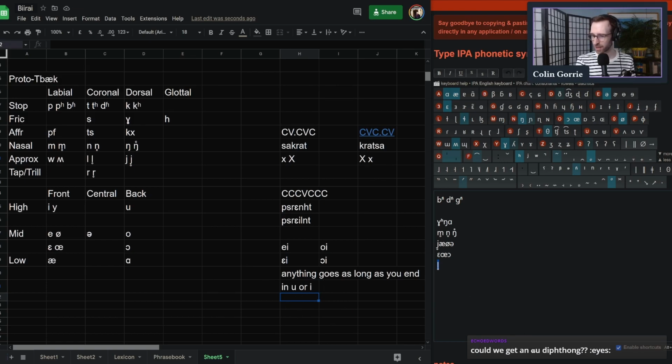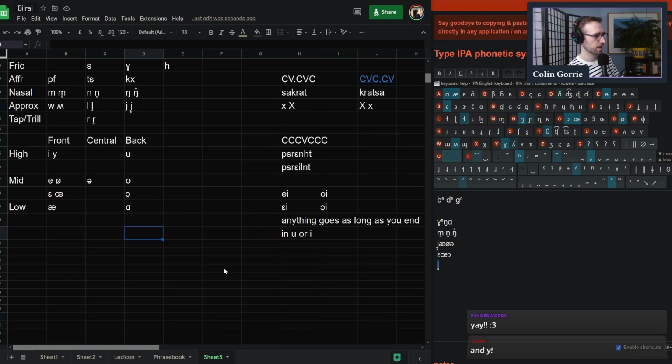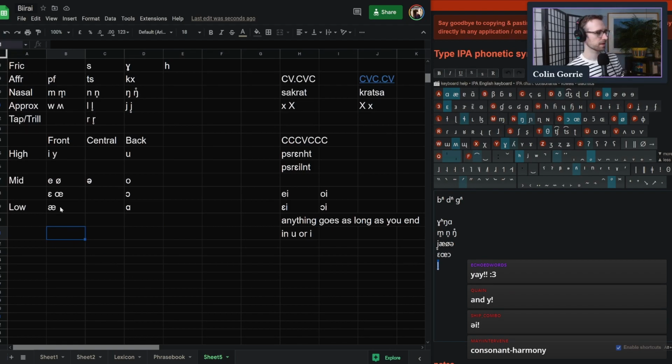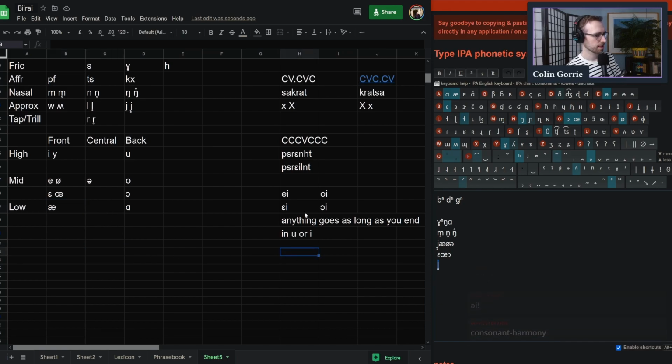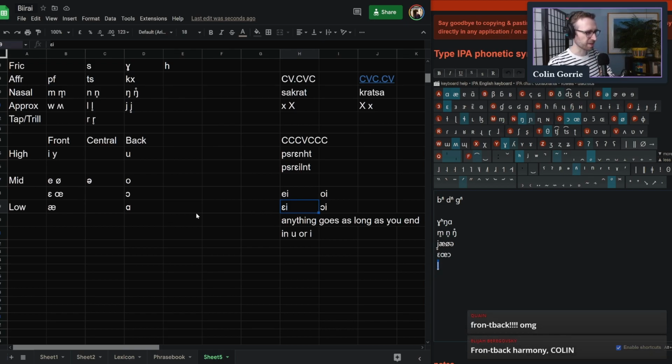So that means, echo, that ow could be a diphthong. Although we have to then figure out what kind of vowel harmony we're going to have, because we were promised vowel harmony. So it looks like we could have front-back harmony. That'll work. In that case, diphthongs, it all depends on how we want to handle this harmony.